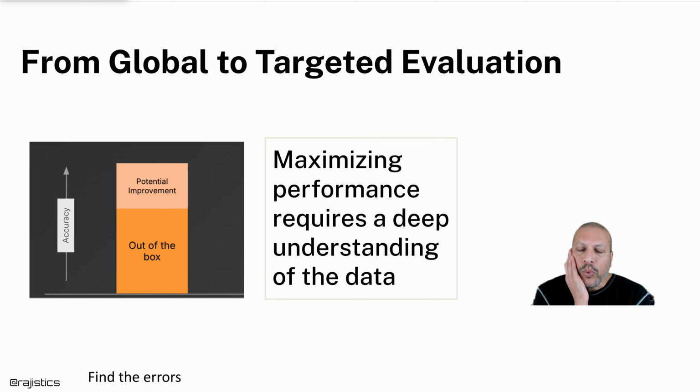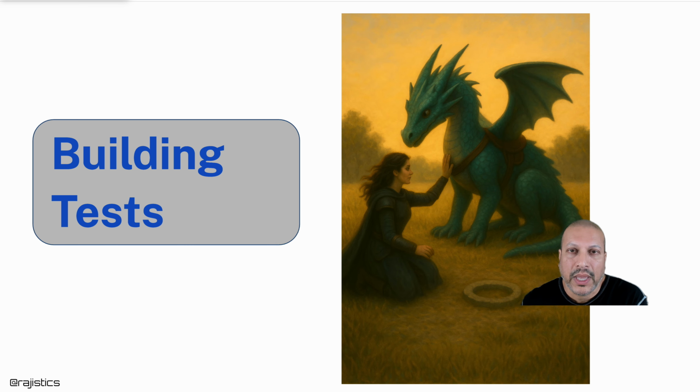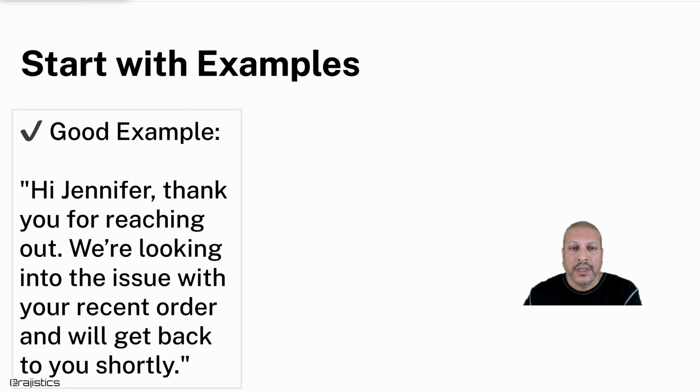So here what we want to do is go into a more targeted evaluation. I've shown you the stuff you can get quickly out of the box, but if we spend more time with the data, spend more time understanding, we can up the accuracy of our models. And what this involves is taking time to build tests. To build tests, what we need to do is dig deeper into the problem set.